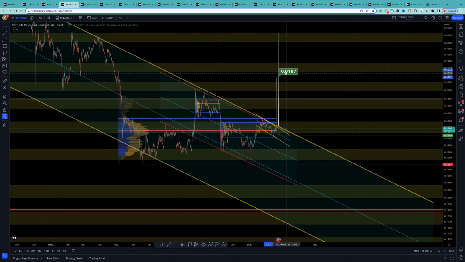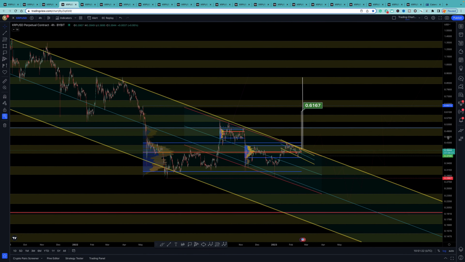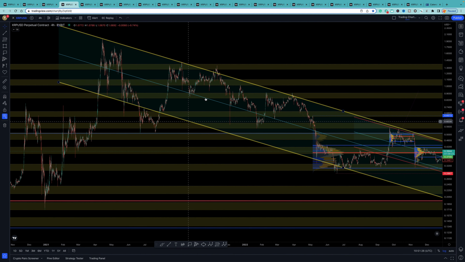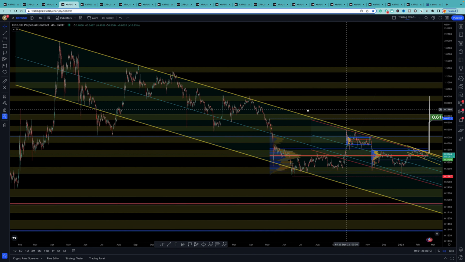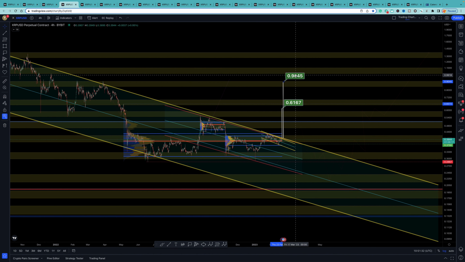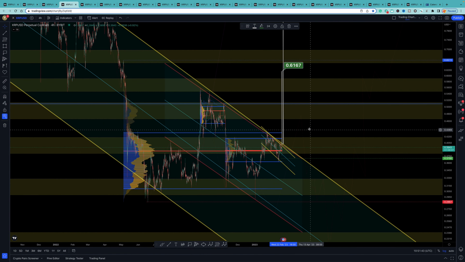But the top of this channel, the breakout, would be 61.67. The breakout of the bigger channel, where we can see at the top here 1, 2, 3, 4, 5, is we're back up at 90 cent or so. So you can see the stages that we will be kicking on here.